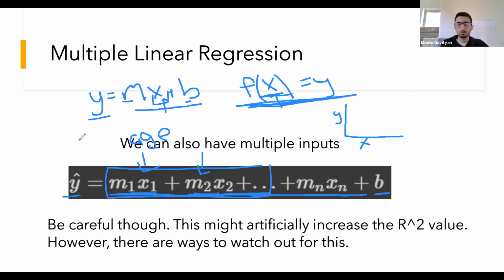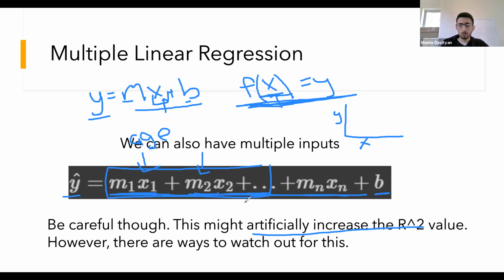We use the R squared metric to tell us how related these multiple inputs are to our outputs. We have to be a little bit careful, but I'll show this in the code when we actually implement this. When we add a lot of different variables, it might artificially increase the R squared score.